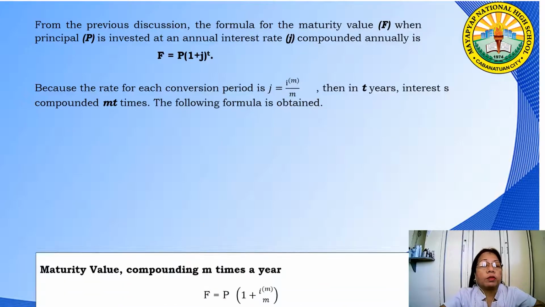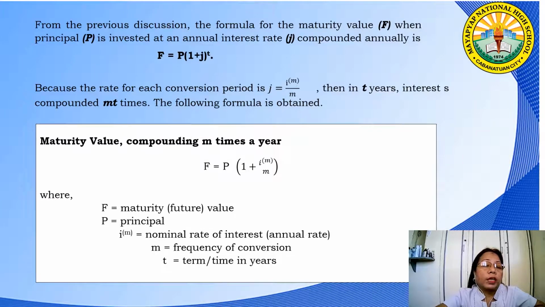To find the maturity value, compounding m times a year, F equals P times quantity 1 plus i^(m) over m, raised to mt, where F equals maturity value, P is the principal, i^(m) equals nominal rate of interest, m equals frequency of conversion, and t is the term or time in years.